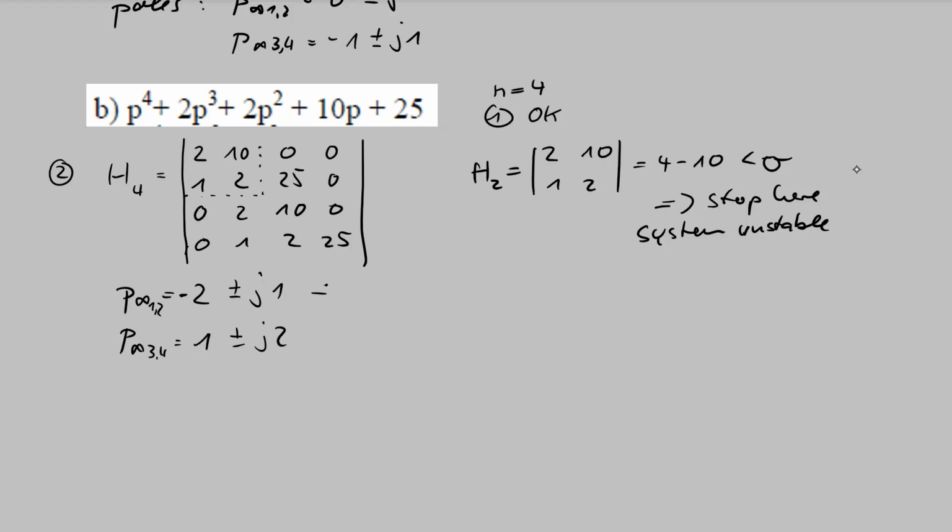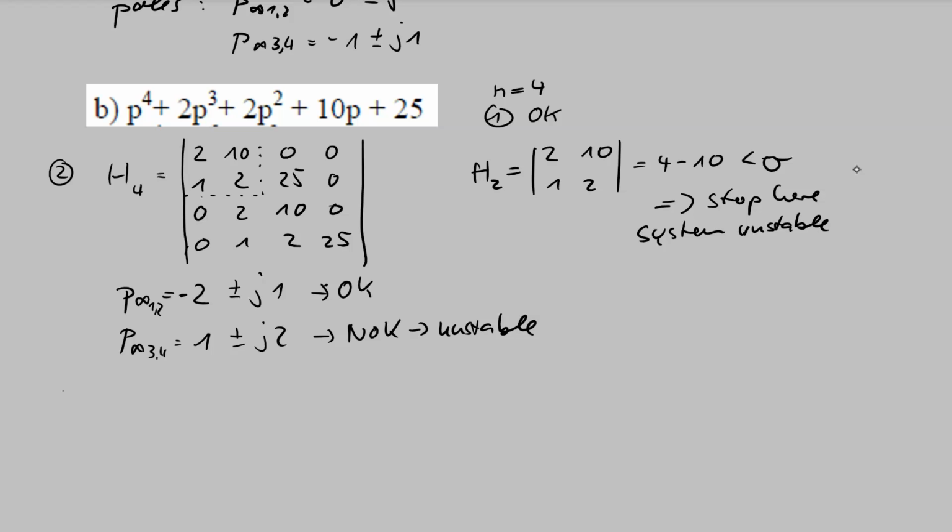So this is okay, and this is violating the pole criteria for negative real parts. So these are not okay, unstable. Of course the result of Hurwitz and poles must be the same.